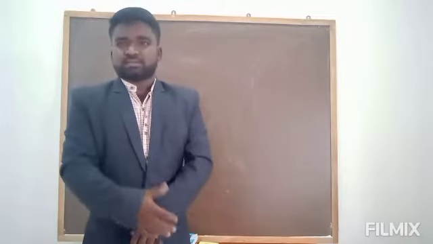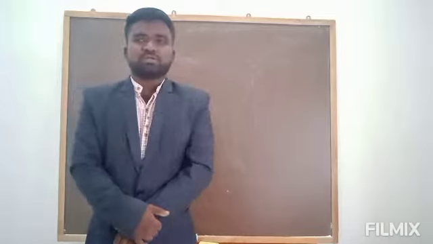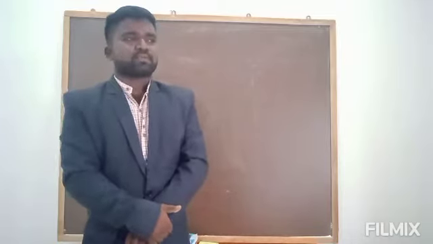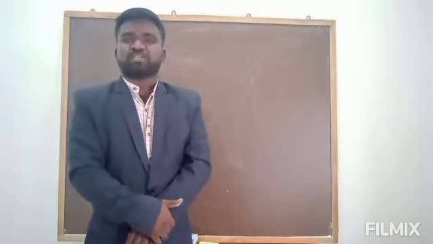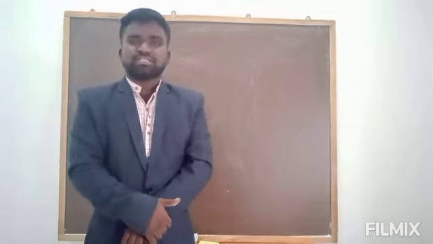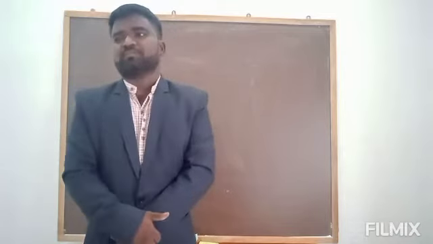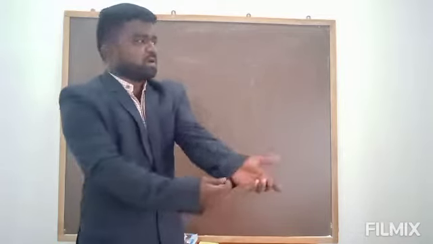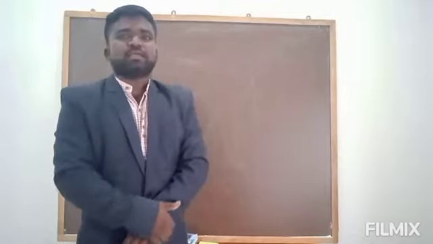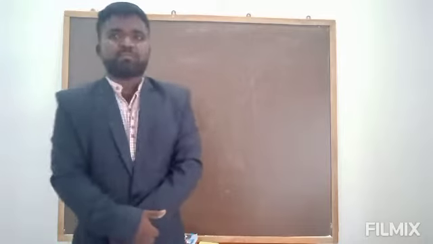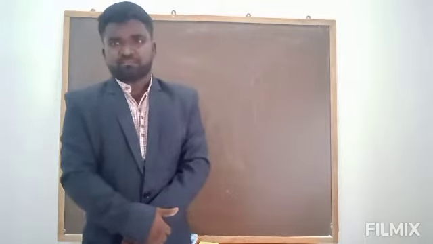It is there in 10th standard also, so 10th class students and intermediate first year students, now I am going to explain VSEPR theory. It is in the chemical bonding chapter. Everybody keep your concentration here and listen.